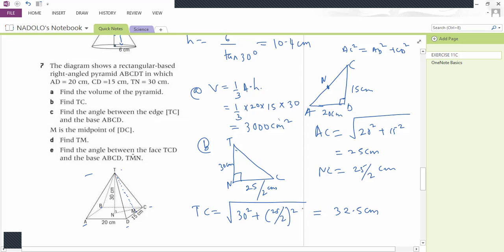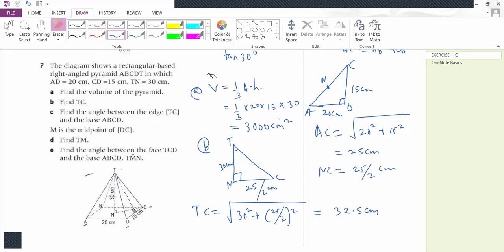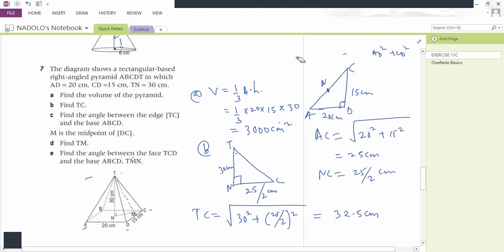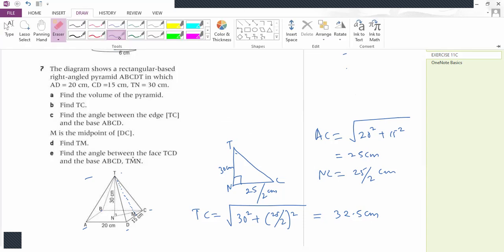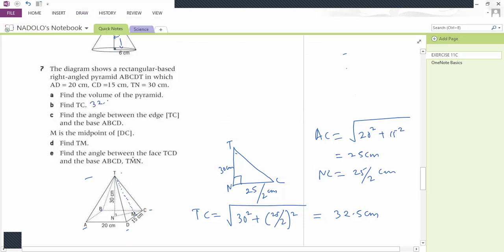So TC, that is the answer for part B. Allow me to erase these workings so that I can calculate more. Let me write the answer: so TC is 32.5 centimeters.